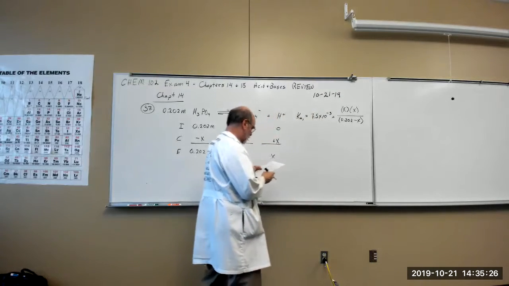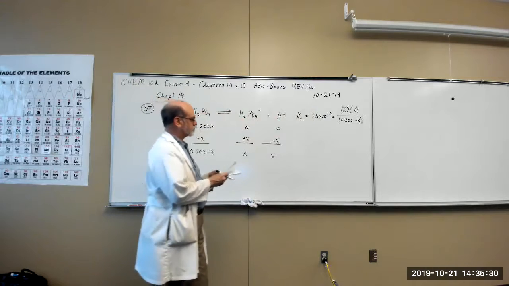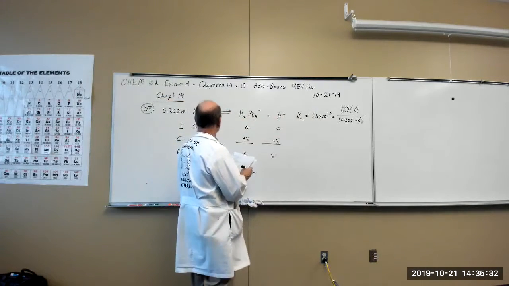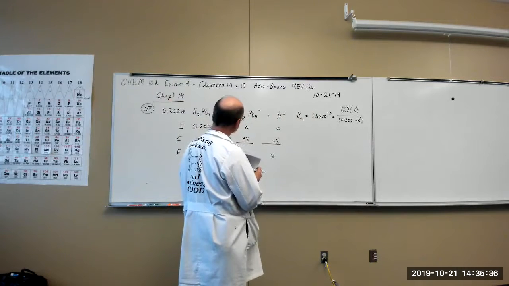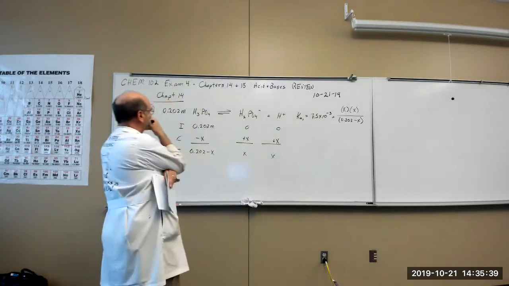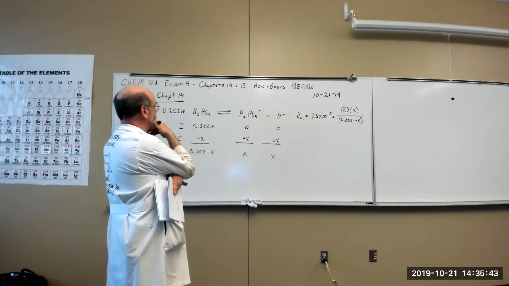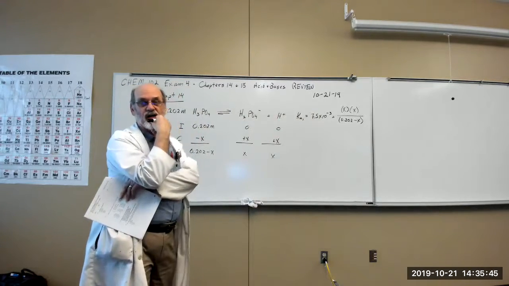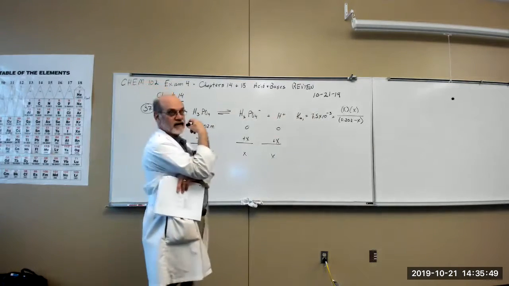So you're going to have to work it out with a quadratic. Or, this is a weak acid. How about Henderson-Hasselbalch? I know that's in the next chapter, but would it work?